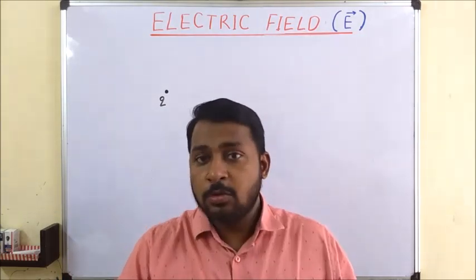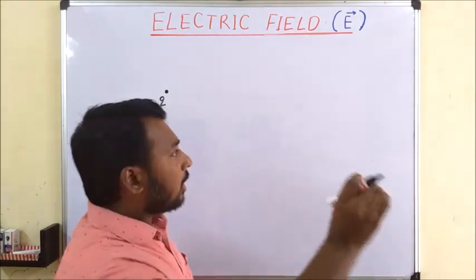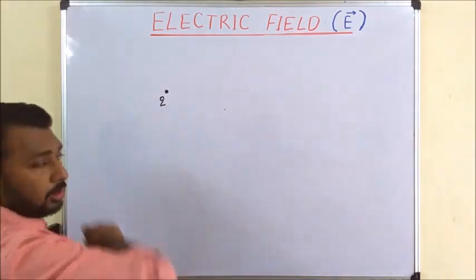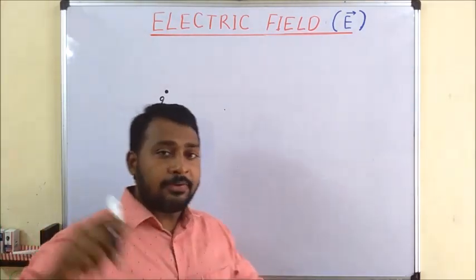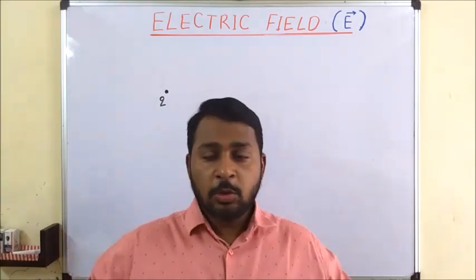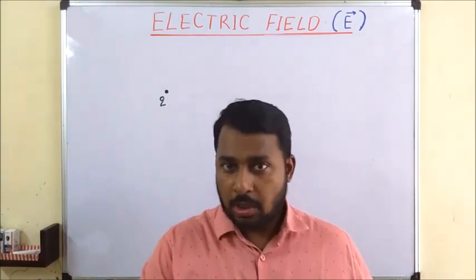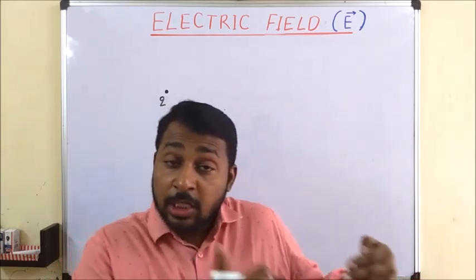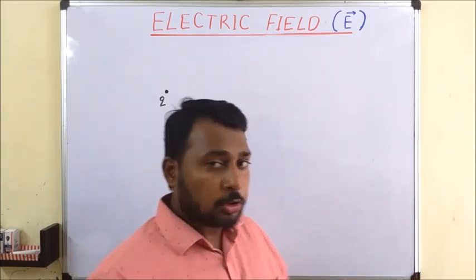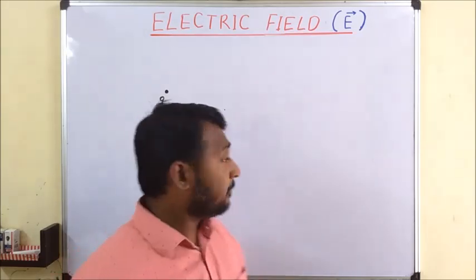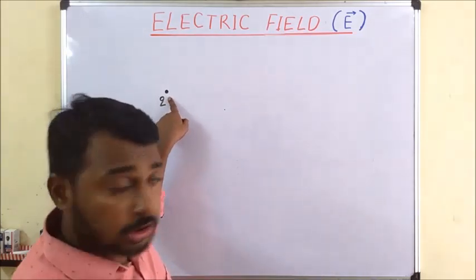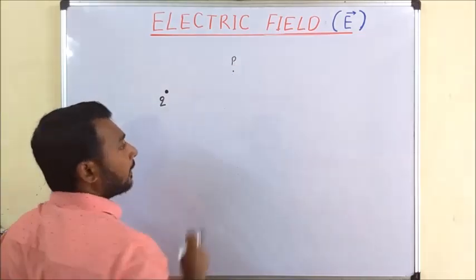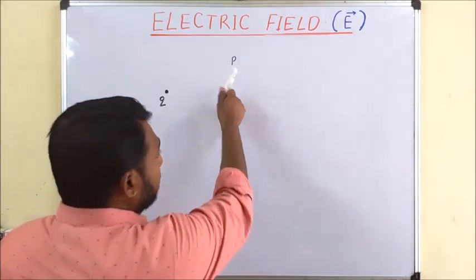If there is a force, that means the charge I kept is in the electric field of the given charge. So I'm going to test the electric field of this point charge Q at a point P.